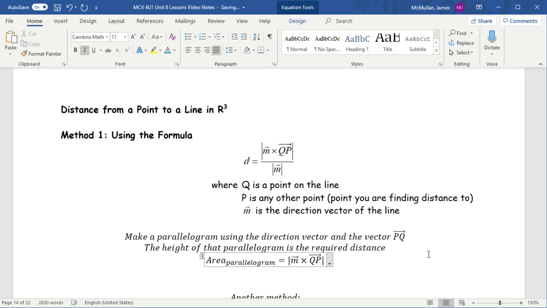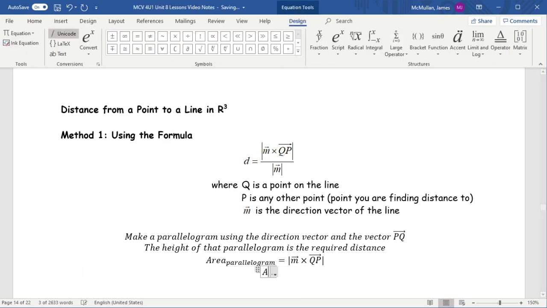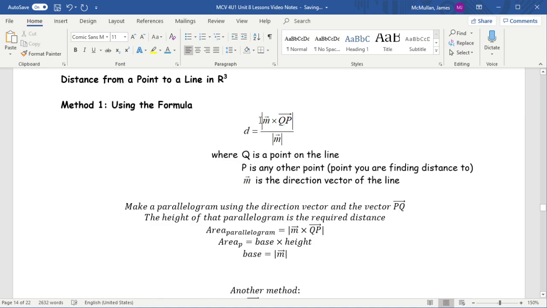Okay, and now think about it. If you know the area, and we know that the area of a parallelogram is base times height, then we know the base. The base is just the magnitude of the direction vector. So where does this formula come from?